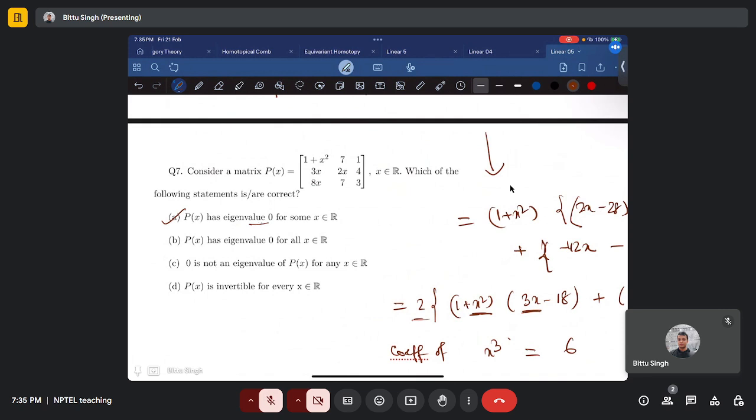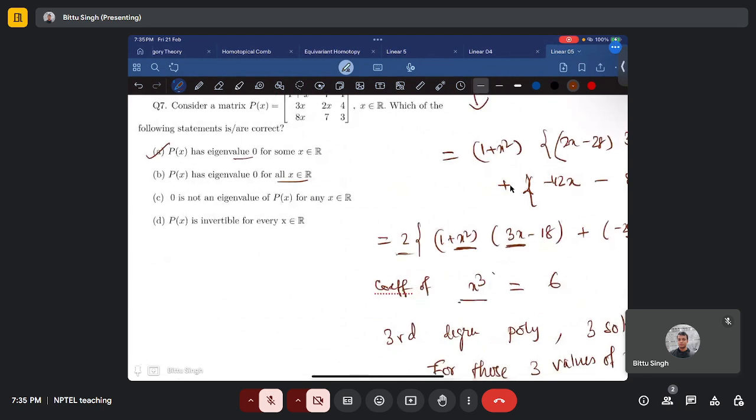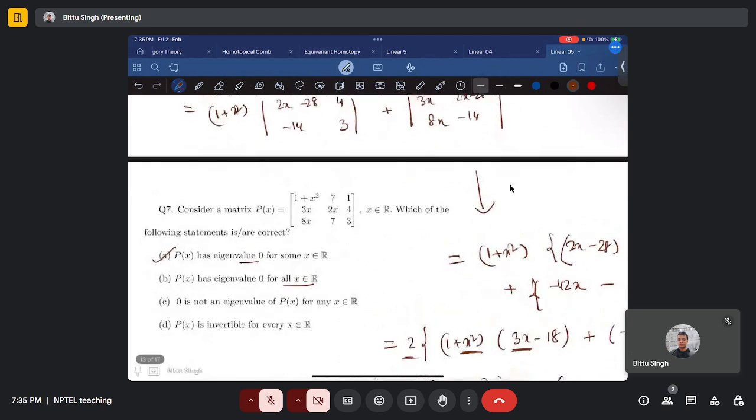That's why 0 is an eigenvalue of px. For all x, we have seen this determinant of px is not 0. In general, this is not 0 for all x, because the coefficient of x cube is 6, right? So this is false.